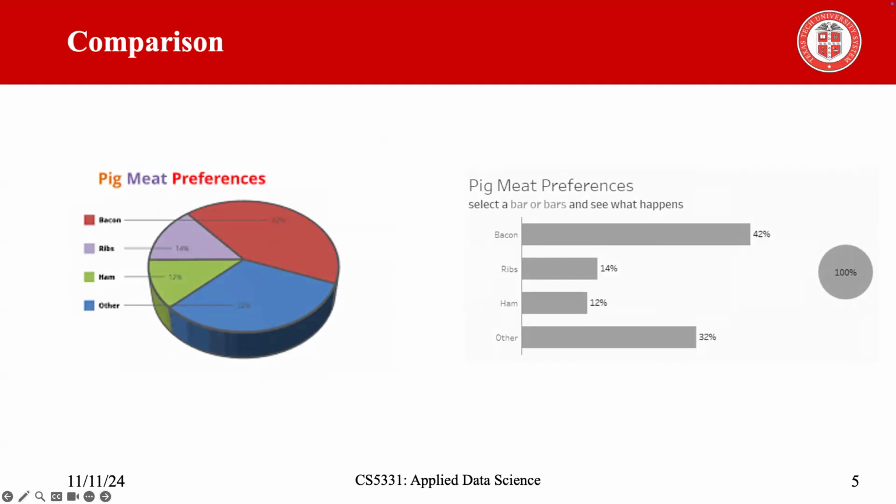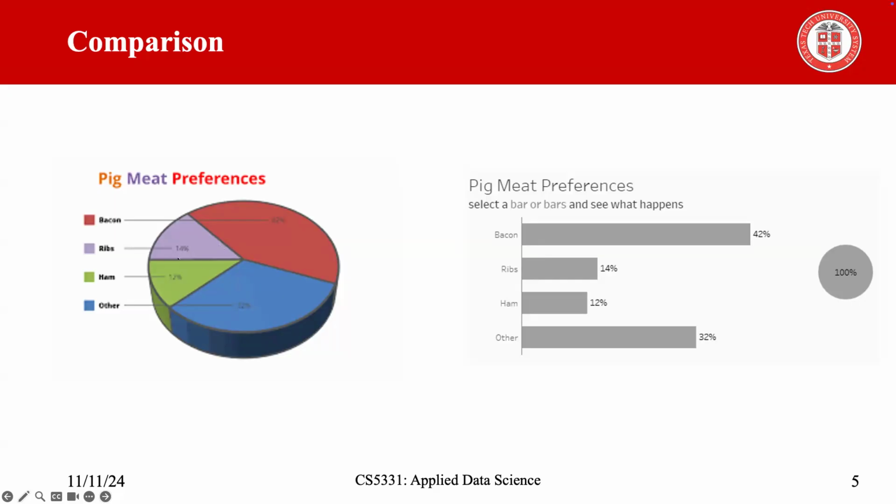Although it is more engaging and looks better, it used many different colors, so this can distract users. Also, for the result, such as for the ribs and the ham, if we want to compare them from the figure, in fact, you cannot compare them.